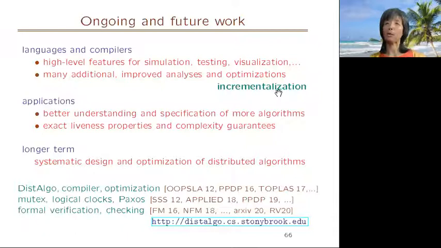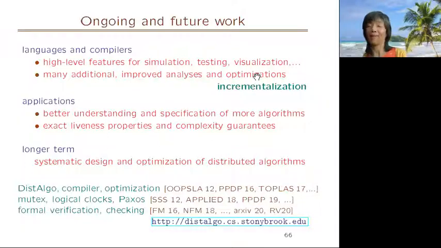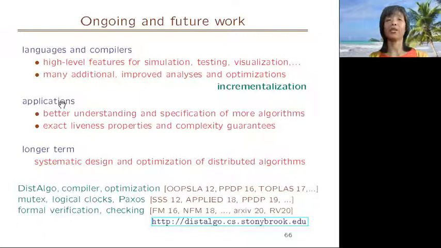This algo does some incrementalization, and it would do more, if not for all these Python updates that are hard to maintain. And of course our interest is applications for real distributed algorithms, better understanding and specification of more algorithms, and also exact liveness properties and complexity guarantees. And in the long term, we hope to study systematic design optimization of distributed algorithms.